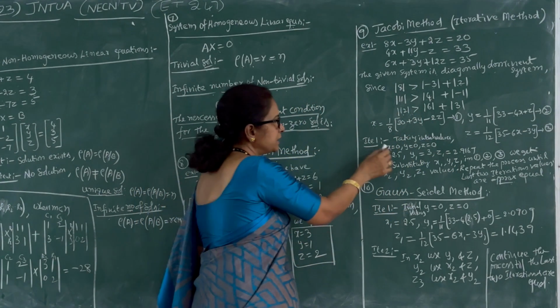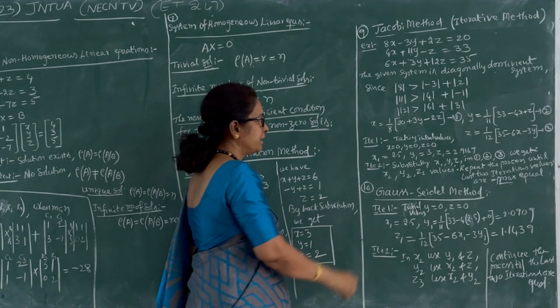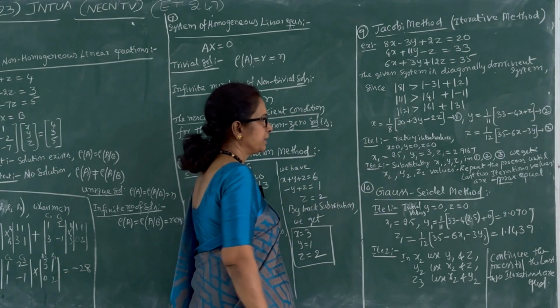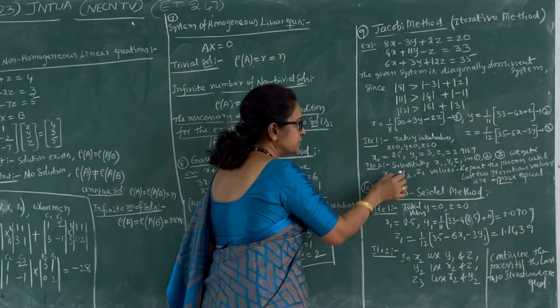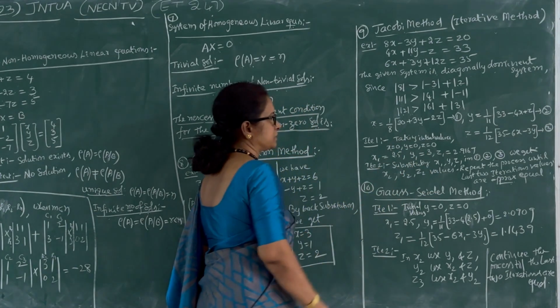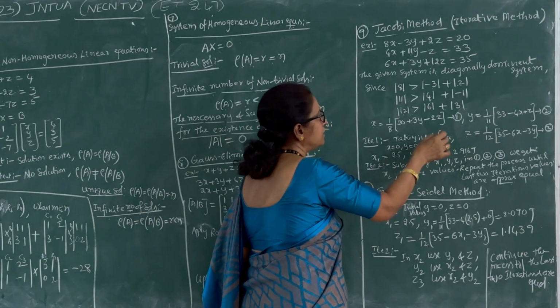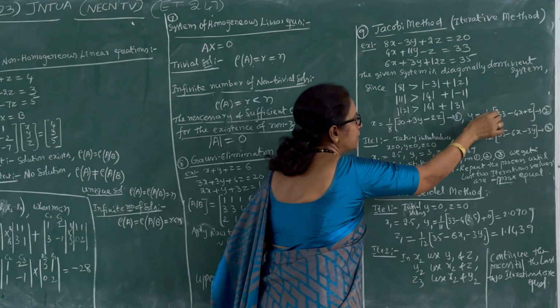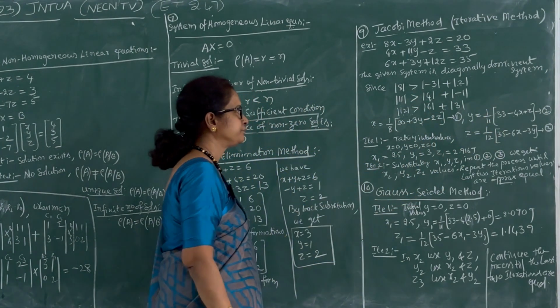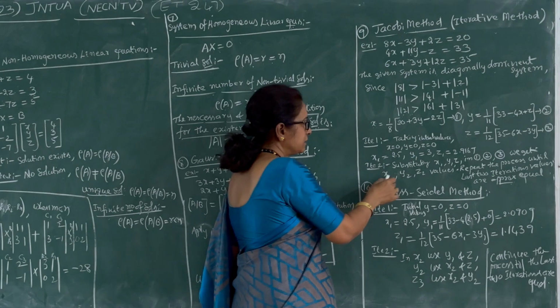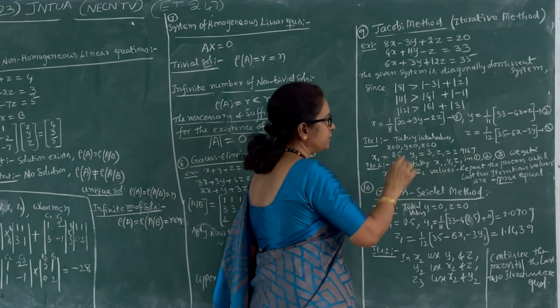Now iteration 1 is completed. Next iteration 2. In order to find x2, y2, z2 values, we are using x1, y1, z1 values in equations 1, 2 and 3. Then we get x2, y2, z2 values.